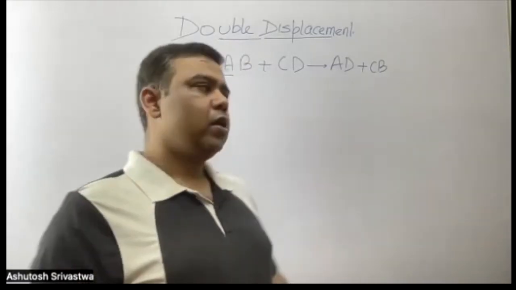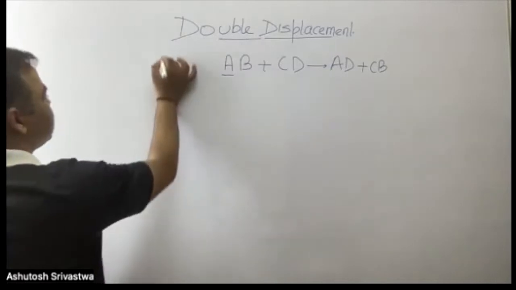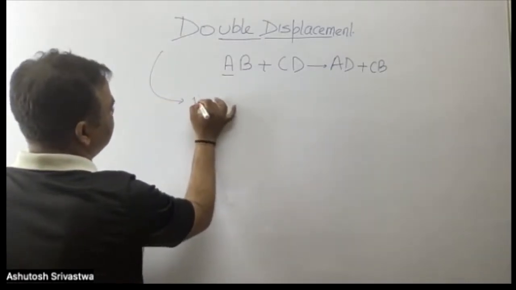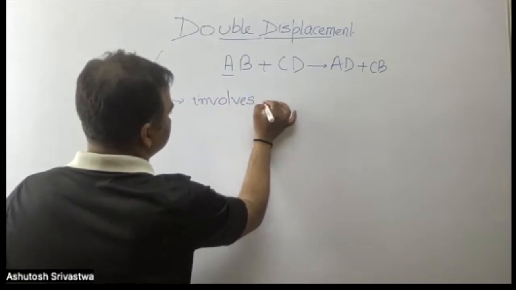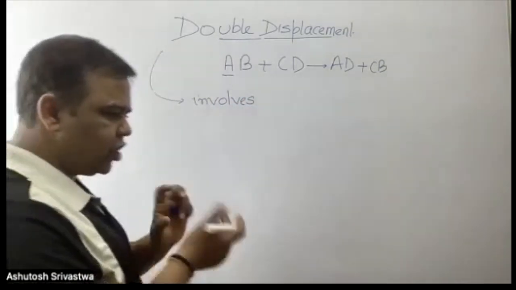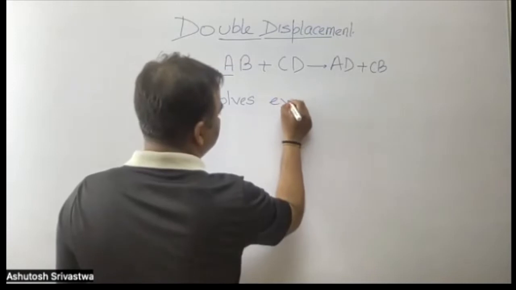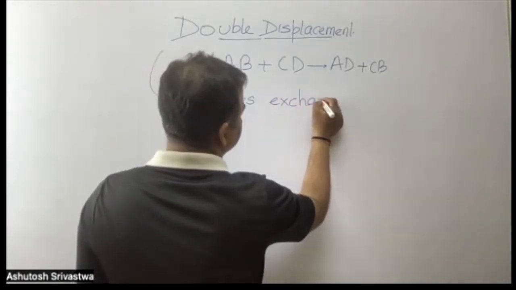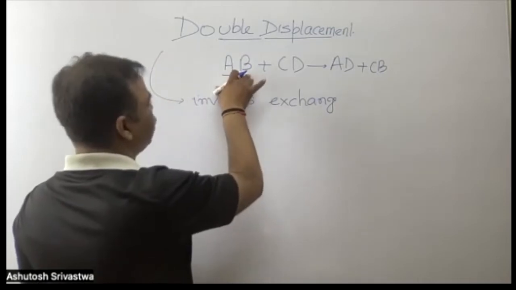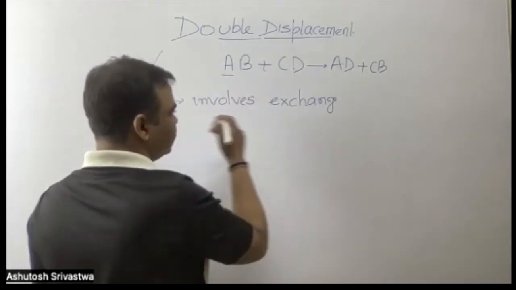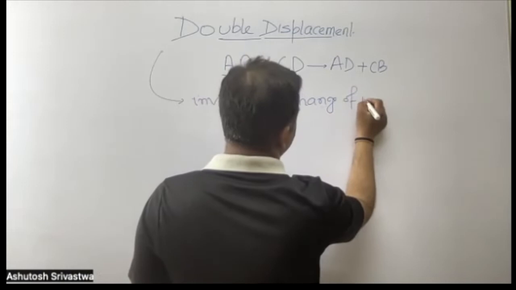It's very easy. So double displacement reaction, what does it involve? It involves exchange of ions. You can say A has exchanged with B, or B has exchanged with A, whatever. Exchange of ions is going to take place.